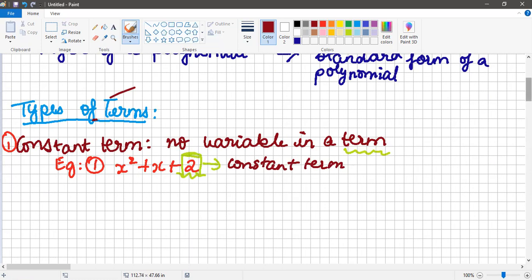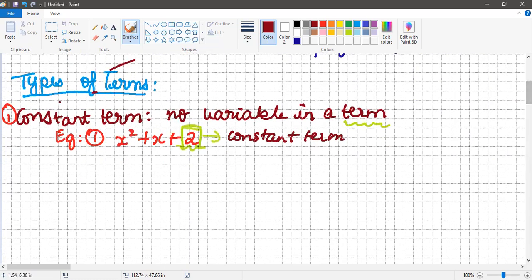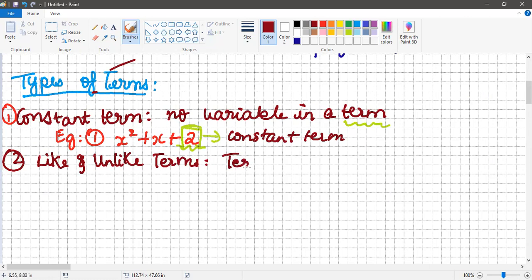Then the next type of term is something you've maybe done in the previous class. It's like a recap, I would say. Like and unlike terms. Of course we know this, I'm sure.